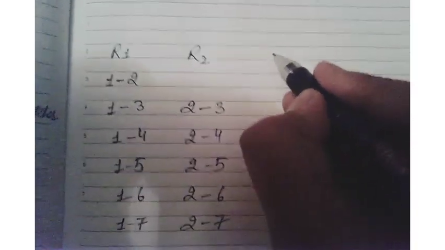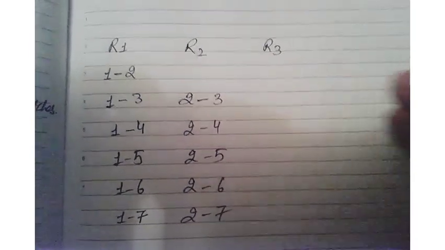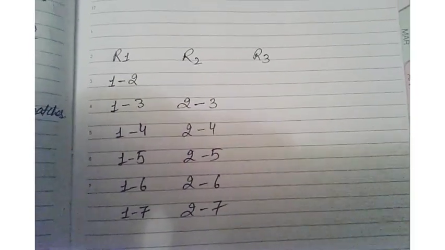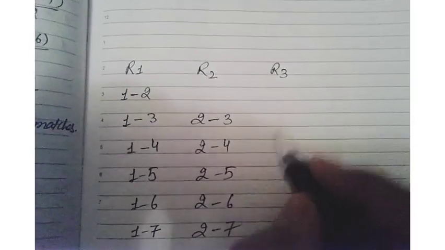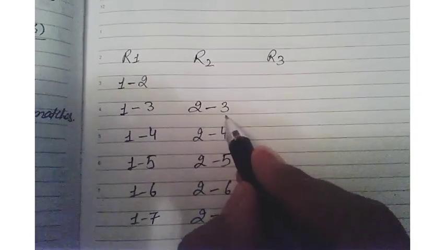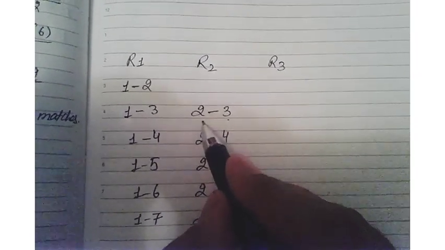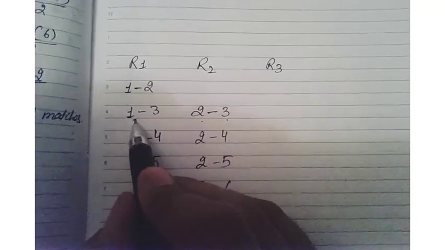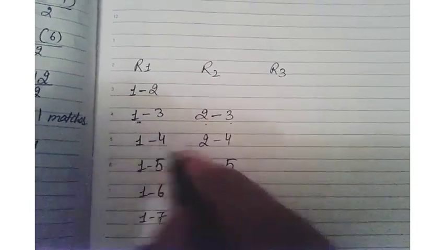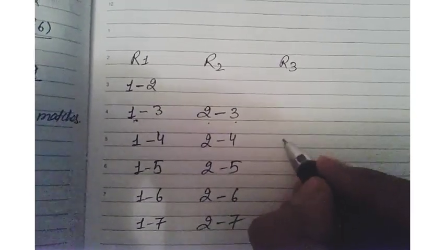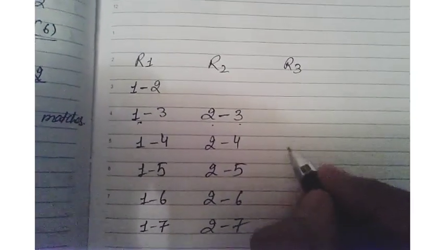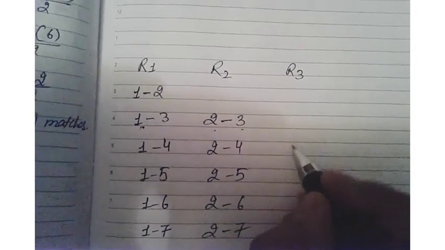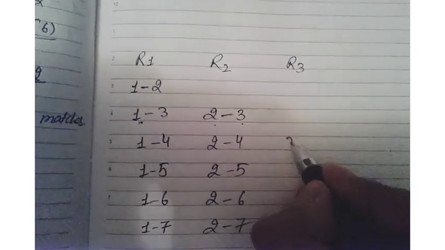In round 3, team number 3 will compete against the rest of the teams participating in this tournament except team number 2 and 1, because as you can see here, team number 3 already had a match with team number 2 and 1 in round 2 and round 1 respectively. You can see in round 2 and round 1, right?